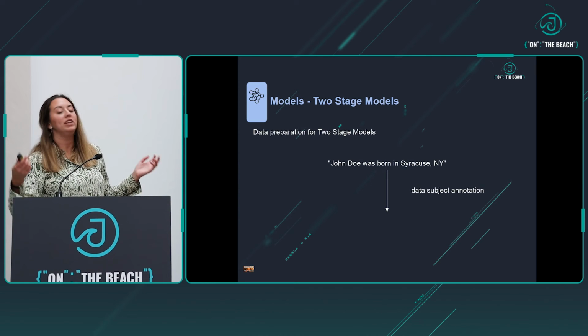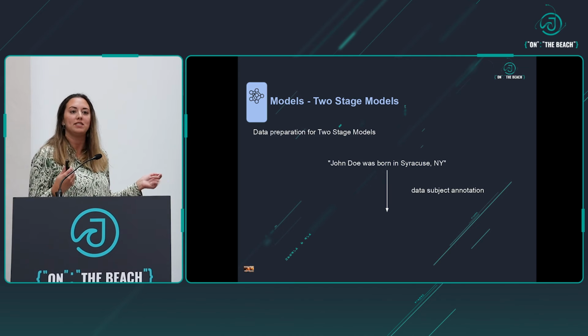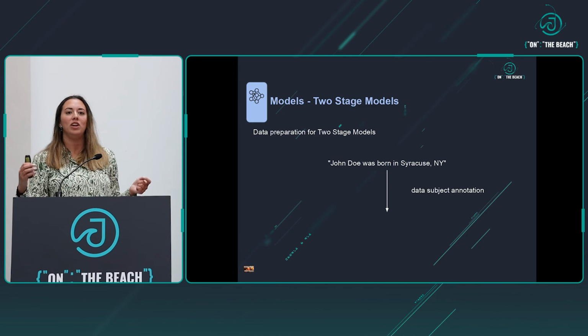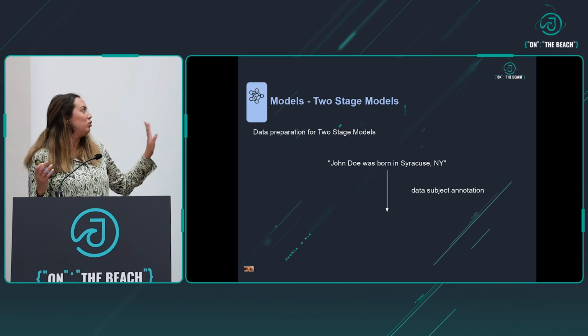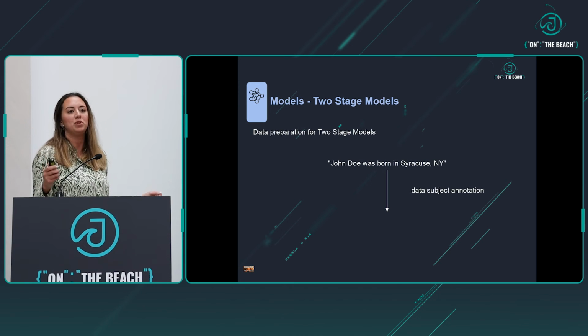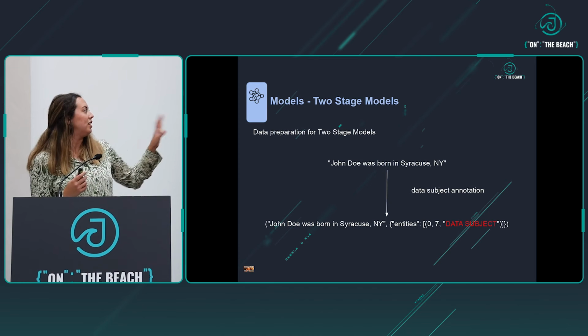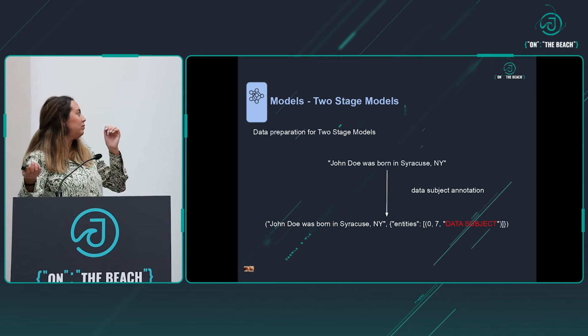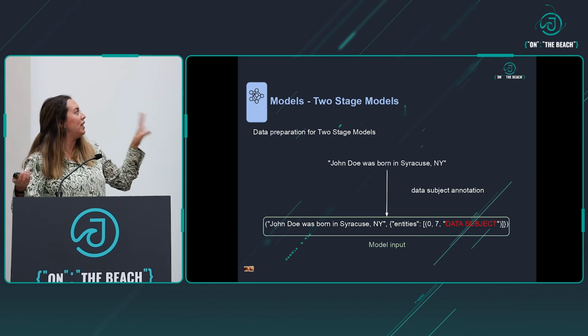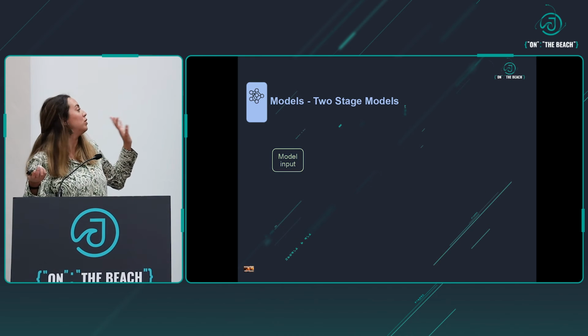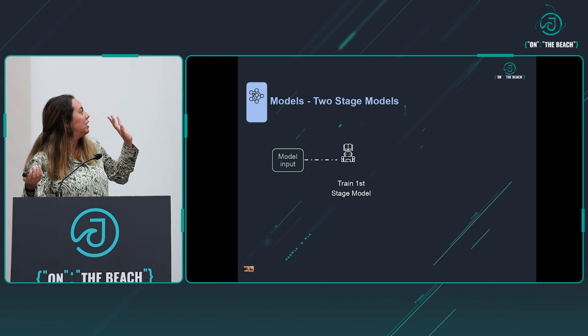But if we only did it for the data subject, it was a possible task. We were not going to label all the passwords, all the genders, but doing the data subject was a possibility. So we needed to indicate the position of the start and finish of the data subject. And this was going to be the input for our first stage model, which was going to train. Okay?